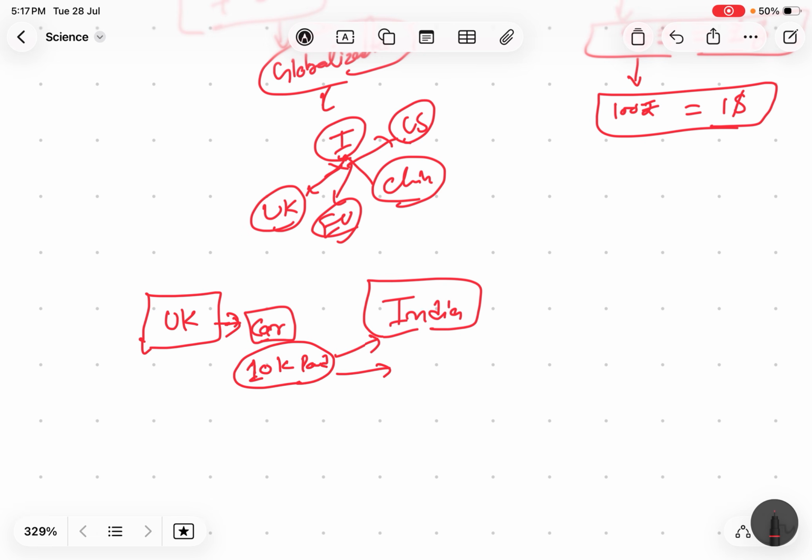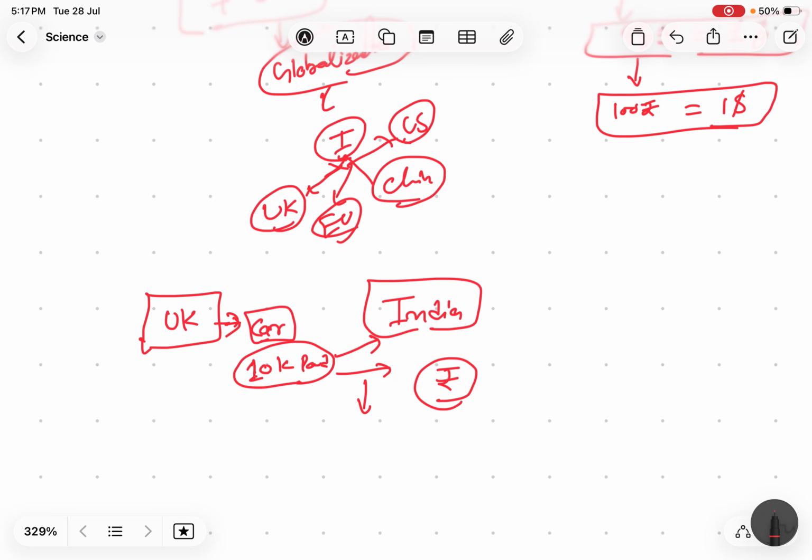Here the currency is only rupees. So to make this balance, which is based on the strength of that currency or the strength of the economy, this exchange rate depends on it.